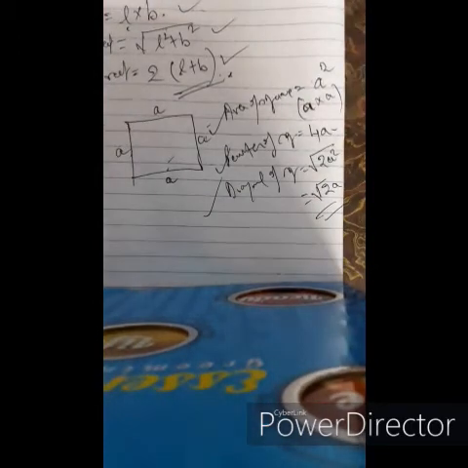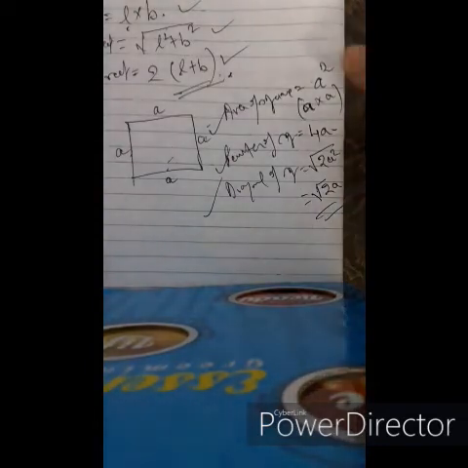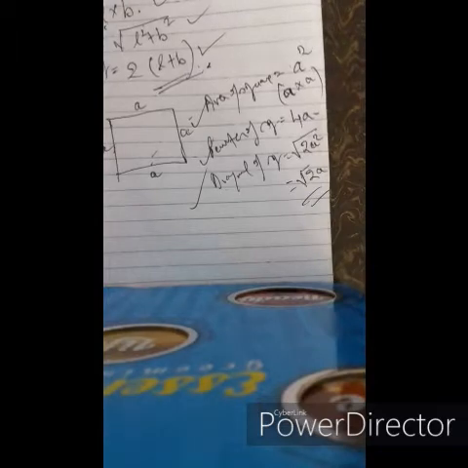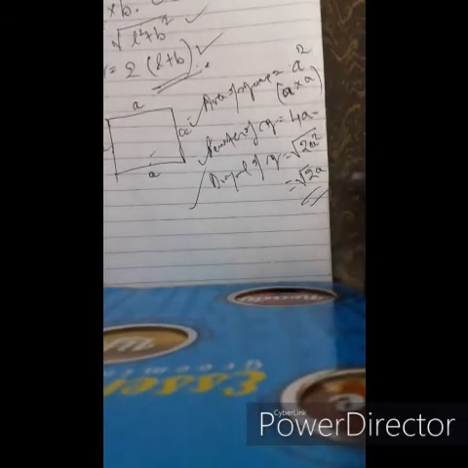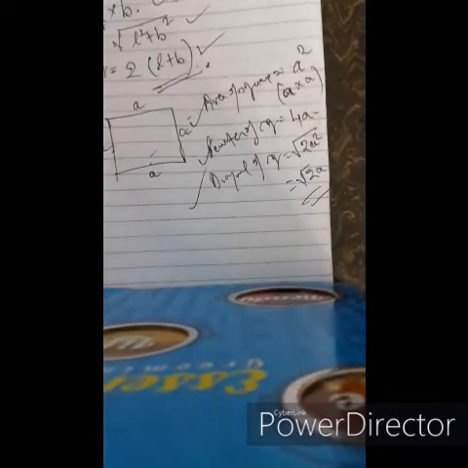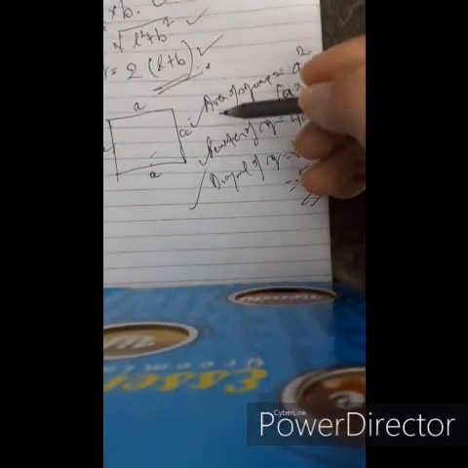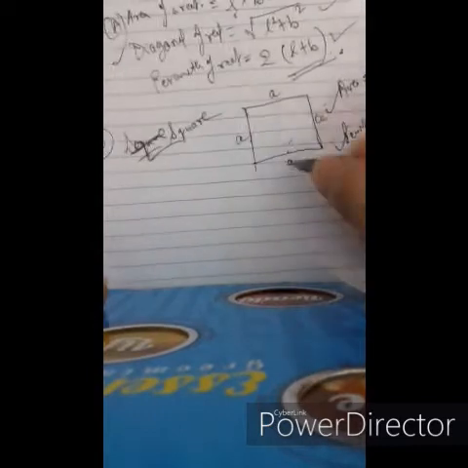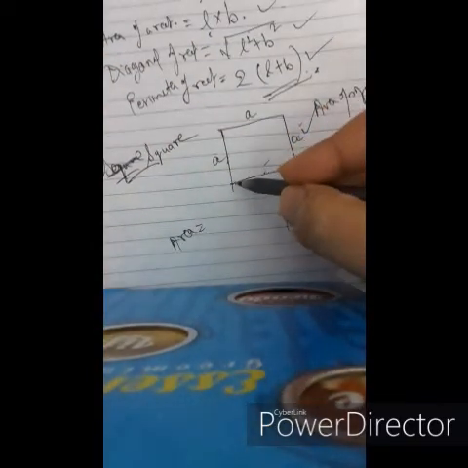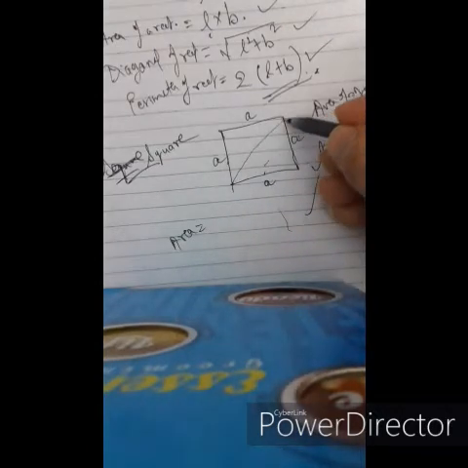Alright, so now coming to this, you see, also you have to remember area of a square if the diagonal of a square is given, that is the sides are not given.